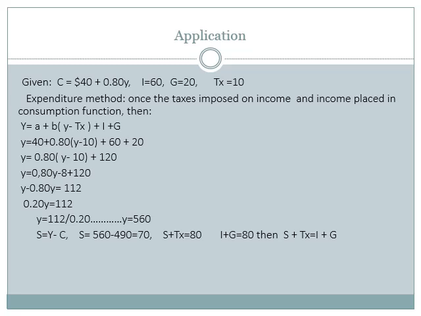Now C equals 490, S equals 560 minus 490 equals 70, S plus Tx equals 80, I plus G equals 80, then S plus Tx equals I plus G.